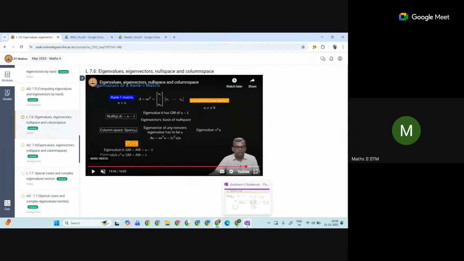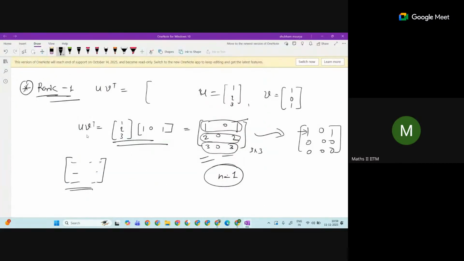V transpose U. So 0 is one eigenvalue, as the rank is 1. Sorry, rank is 1.